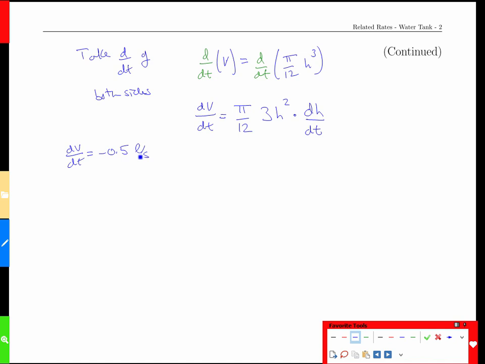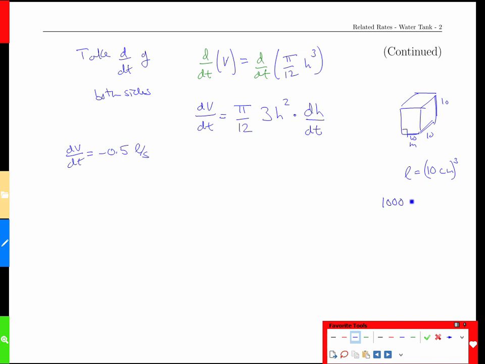Now I have to be a bit careful about this because our heights are all in meters. So if we ask ourselves, how is 1 meter cubed, which is what we had up here, related to a liter? Well, a liter is 10 centimeters cubed. So we can fit 10 along one side, and then 10 along the other side, and 10 along the other side.